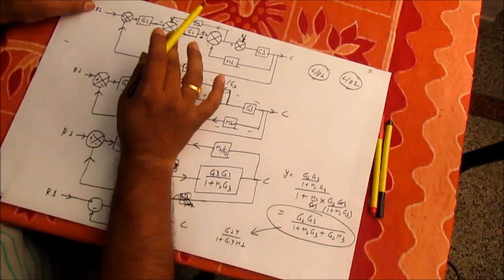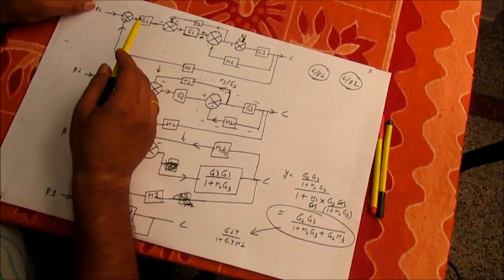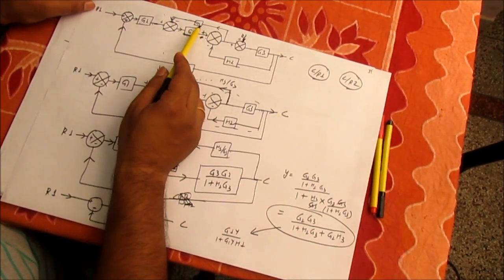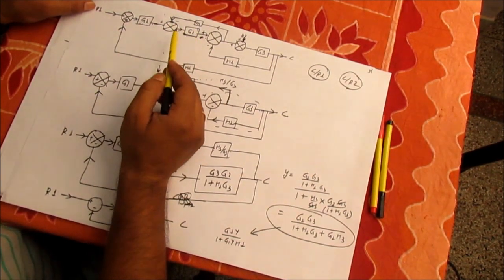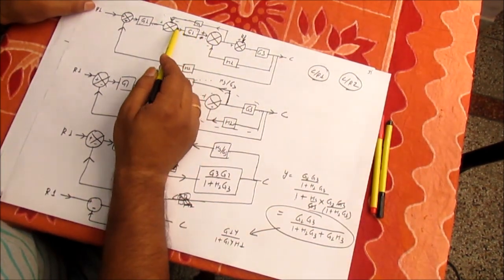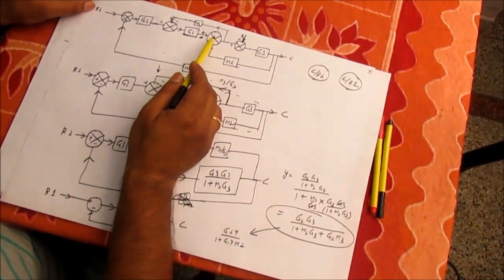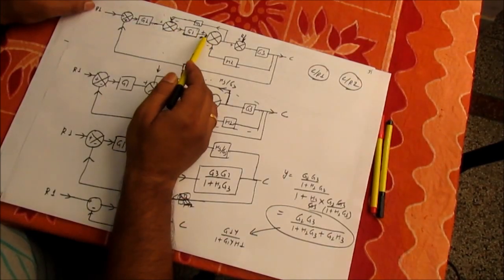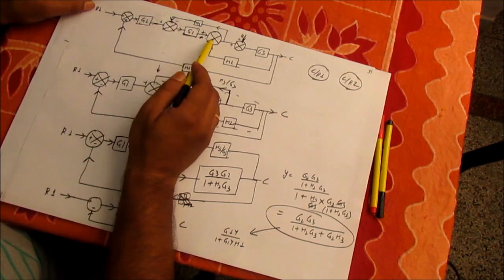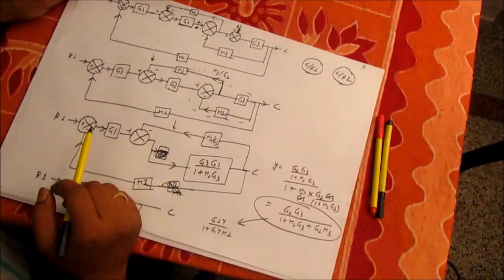So what we have done here is that we have placed this G2 behind the summing amplifier and multiplied this S3 by G2, and now we have two summing amplifiers connected together. We will club these two summing amplifiers and reduce to a simpler diagram.